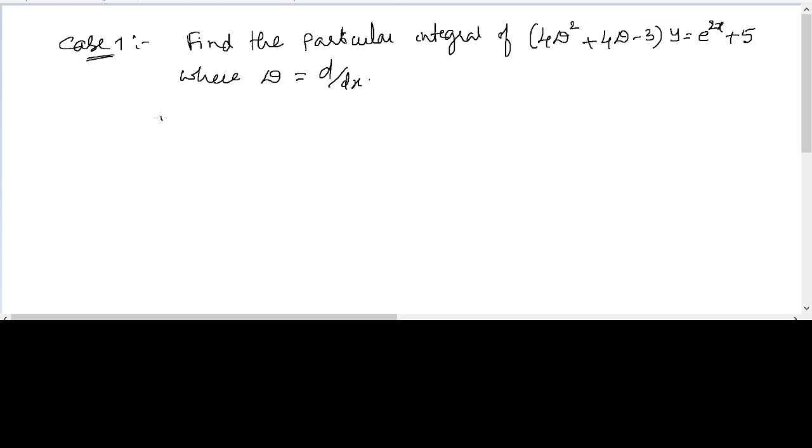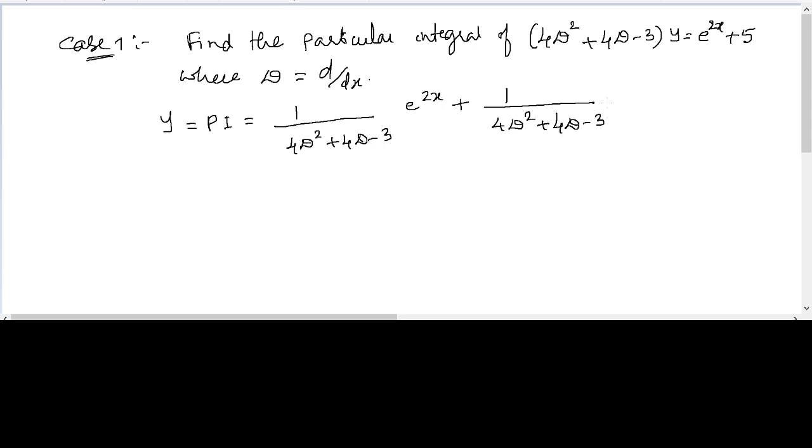So I'll write y is equal to the particular integral, which as per the discussion of case 1 we can write as 1 upon f of D. What is f of D here? 4D square plus 4D minus 3, and the right side is e power 2x plus 5, so we break that and write it separately.